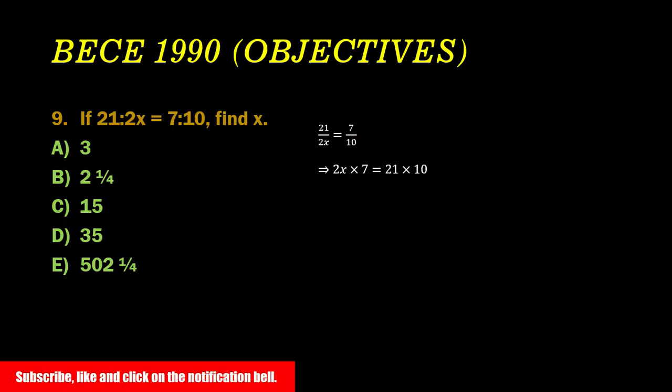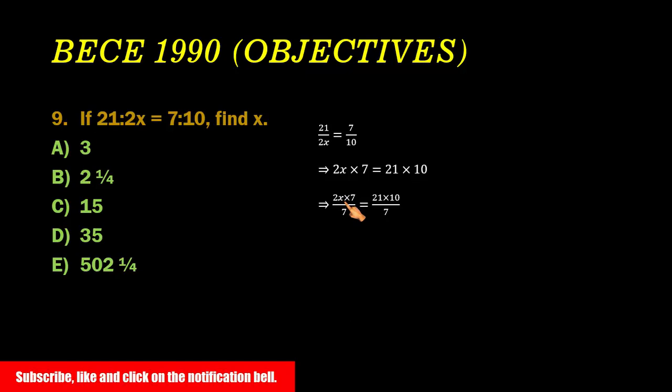This is also equivalent to multiplying both sides of the equation by the least common denominator of the denominators you have there. So next, we divide both sides by 7. This is to ensure that we eliminate the 7 on this side of the expression.